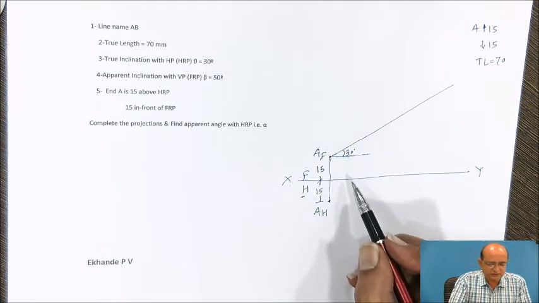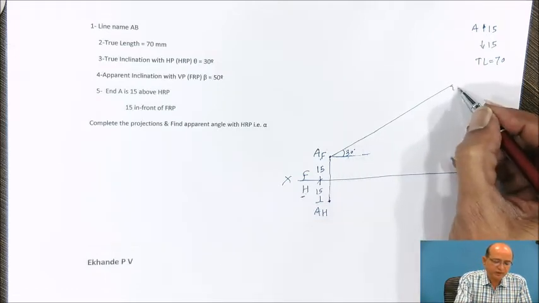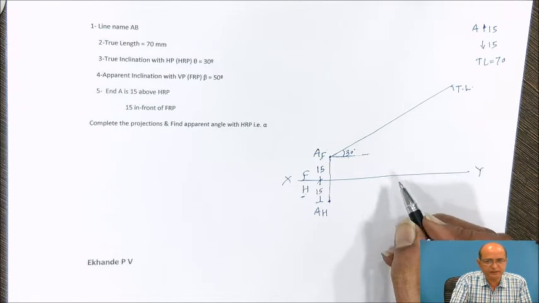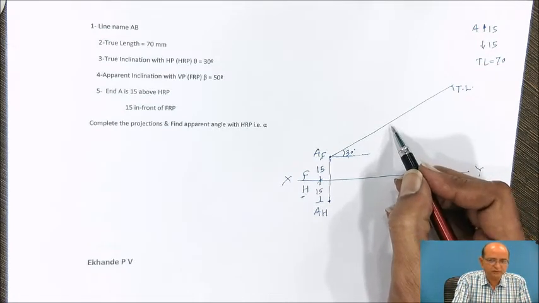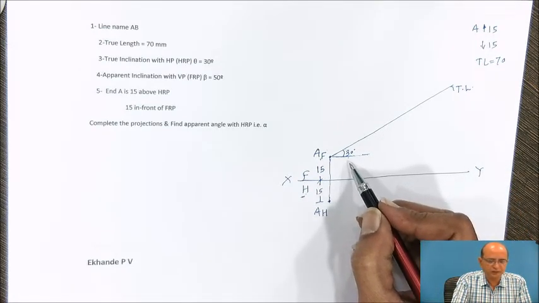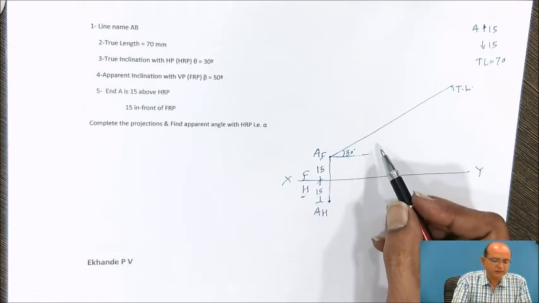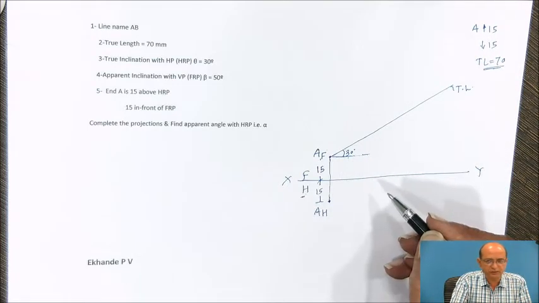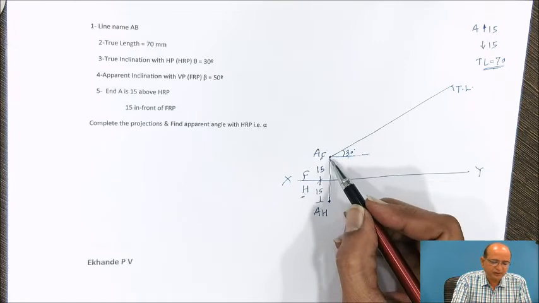Now on this line we will always get the true length of the line. So the true length will be obtained on the true inclination line, and for that purpose the distance 70 millimeter is to be taken in the compass, that is the true length, and marked from AF.